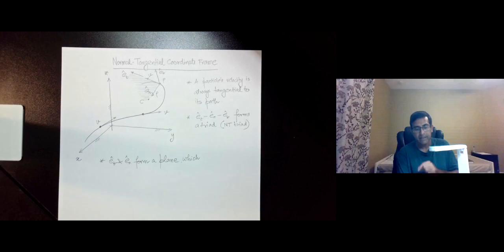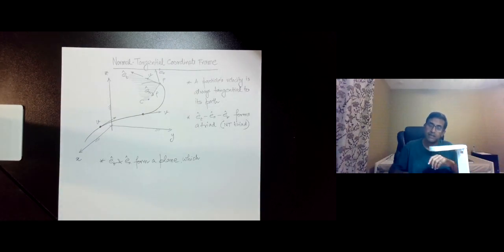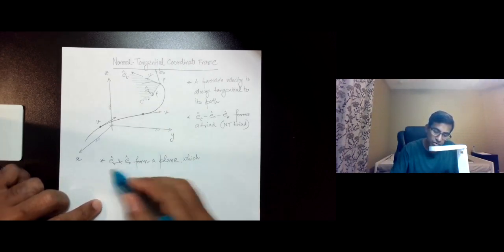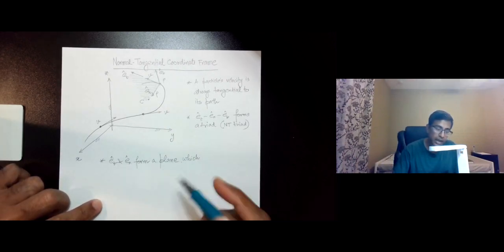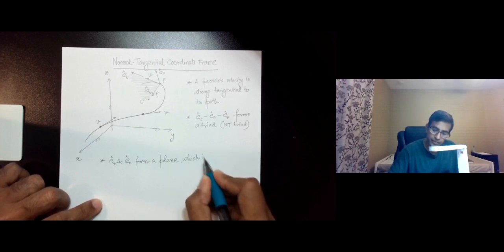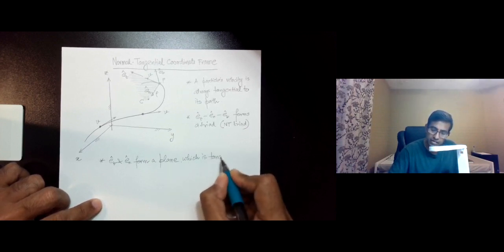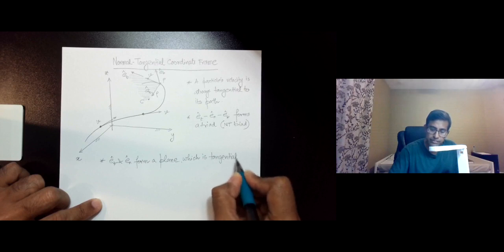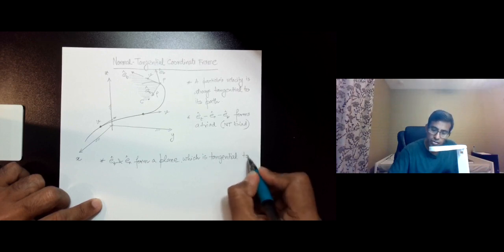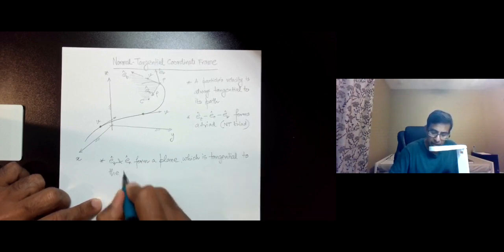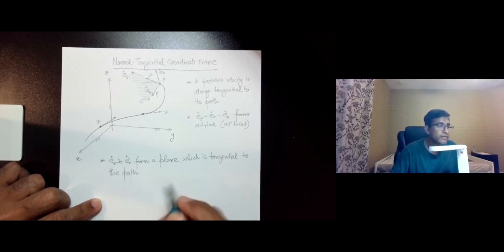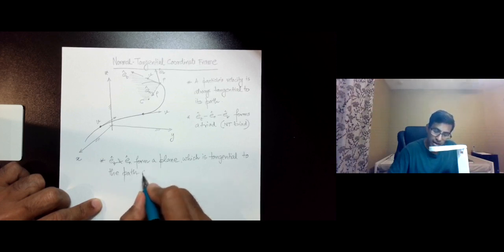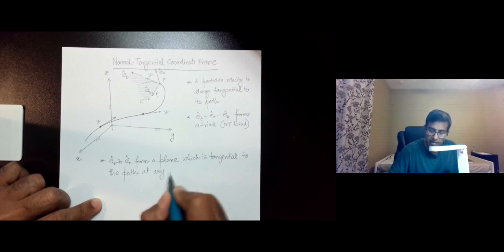So this plane has the characteristic that it is tangential to the path that the particle is taking. So these two form a plane which is tangential to the path at any instant.